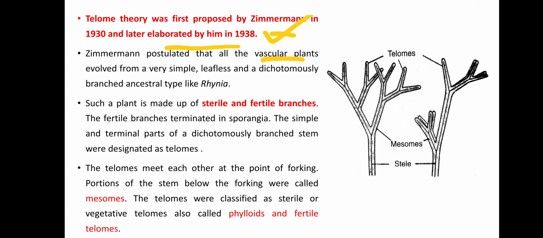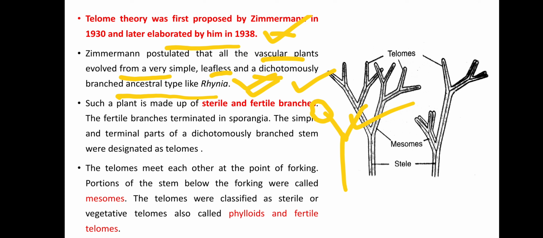He concluded that vascular plants evolved from a simple, leafless, dichotomously branched ancestral type like Rhynia. Such a plant is made up of sterile and fertile branches. Some of the branches are sterile but some are fertile, and the fertile branches end with the sporangia.